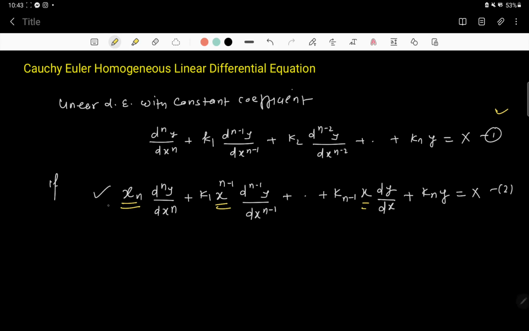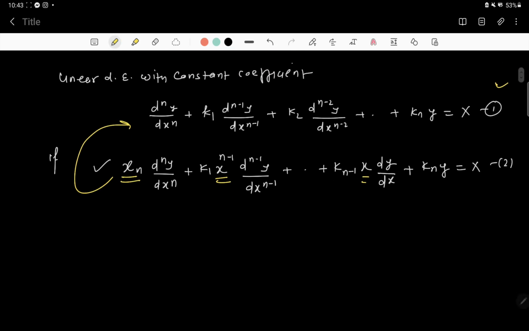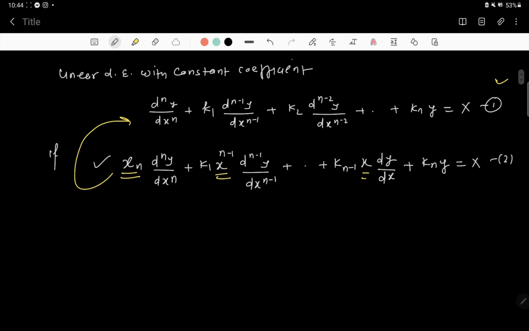Our aim is to convert this equation into the constant coefficient form, and after converting we can easily solve it. So what is the procedure? Let's check it out. Here k1, k2, kn etc. are constants.